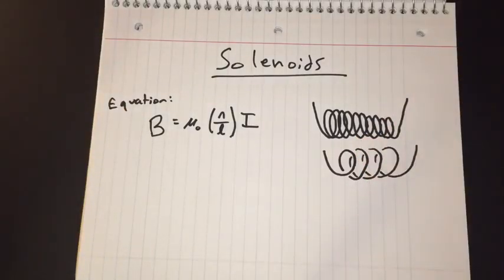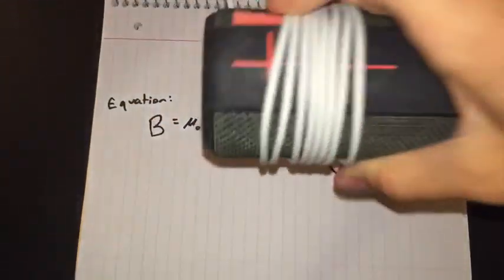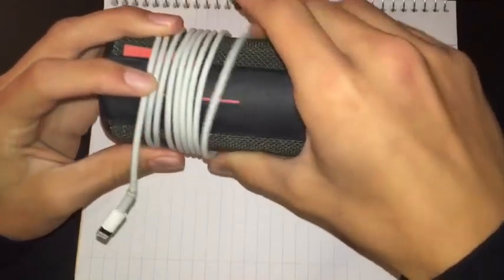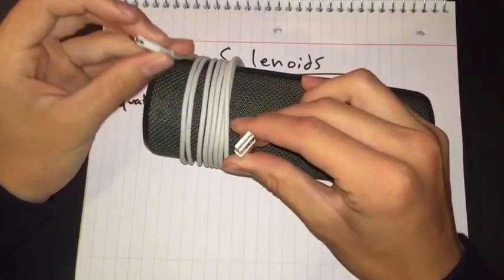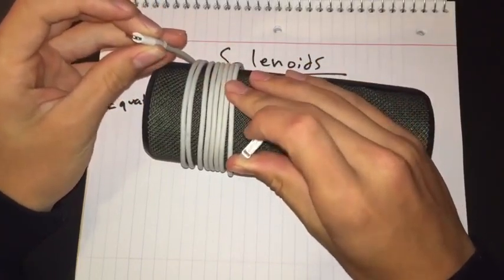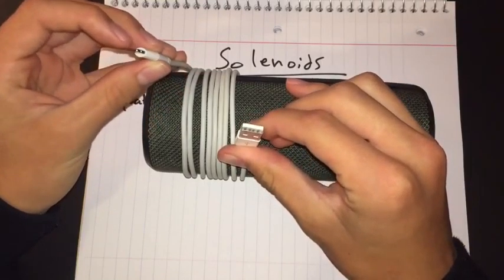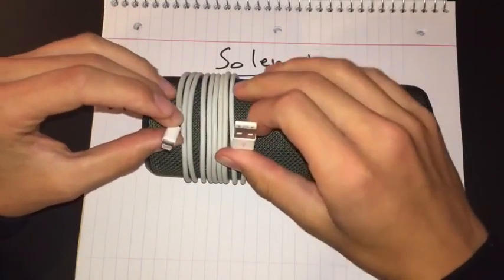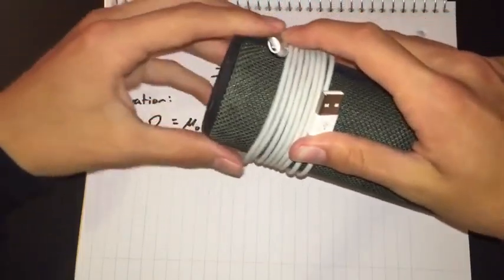Physically, it's somewhat like this. I have a wire that is coiled up, and both ends of the wire would go to some sort of battery or power source, and that would cause a current to flow through this wire around and around.